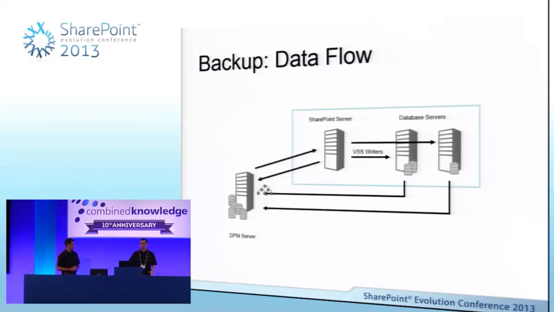So when you think about using DPM to do restores, you need to know what the farm looks like in order to drill down and click on that document library or that particular document, and you need to know what it looked like at the point in time you did the backup to be able to restore that content, right? So DPM does have to do its extra job where it goes and finds out what the farm looks like at that time. So you can say, right, that document there, I need to restore that one. Okay.